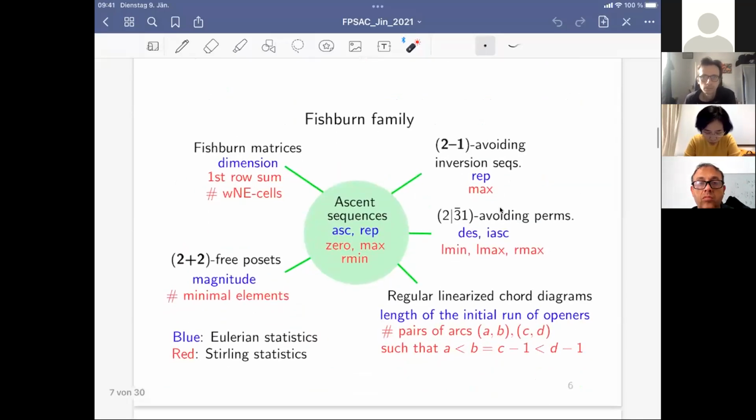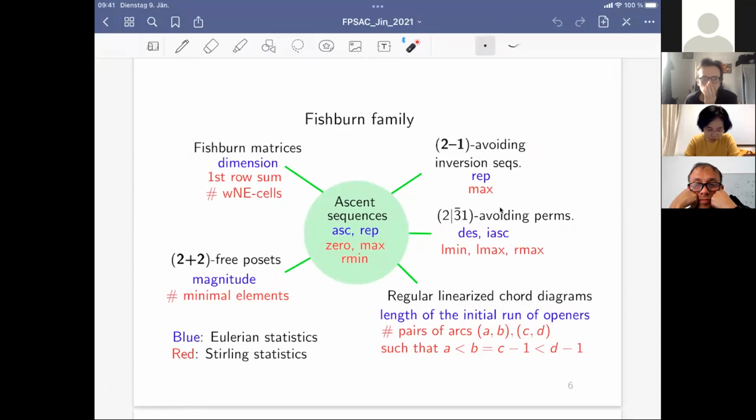So here are the combinatorial structures that are counted by the fishbone numbers, including the fishbone matrices, 2+2 free posets, 2-1 avoiding inversion sequences, certain pattern avoiding permutations, and the regular linearized chord diagrams.